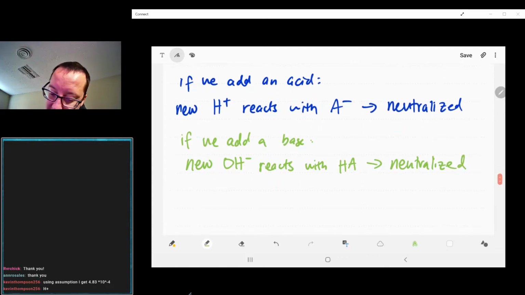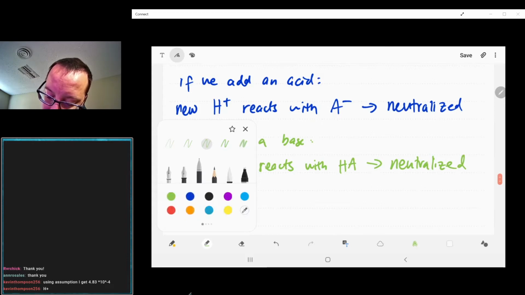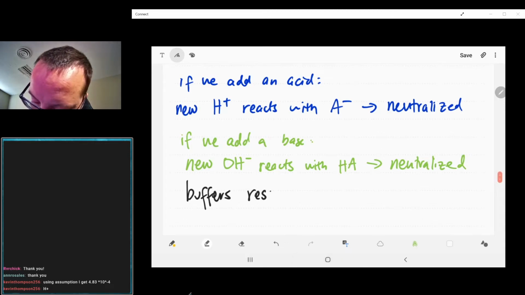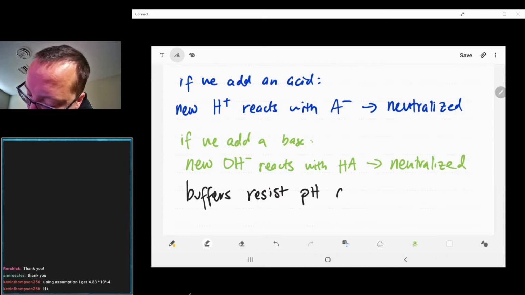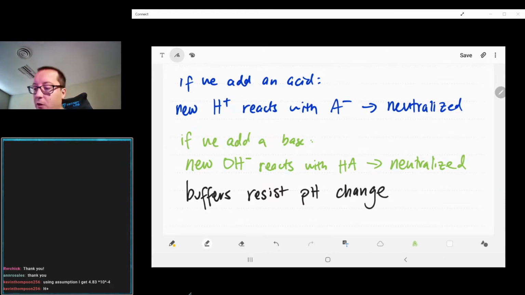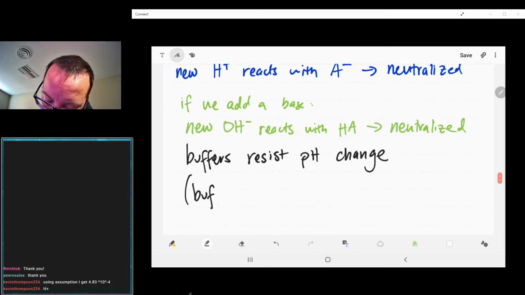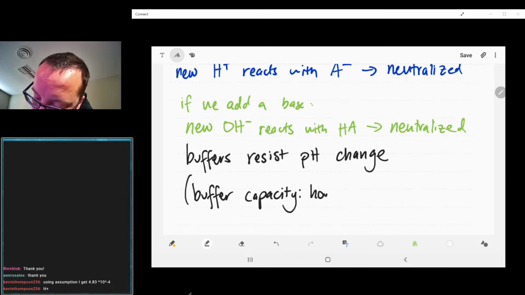So what we can see here is that buffers resist pH change overall. Because if we add an acid, up to a certain point, we're going to be able to react all of that acid away. And if we add a base, we're going to be able to react all of that away as well, up to a certain point. That point, by the way, is called the buffer capacity, which is how much this can resist.